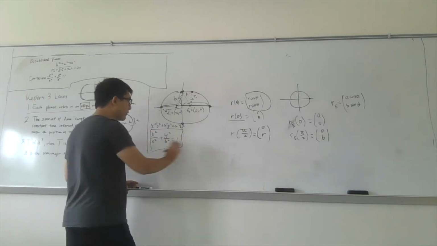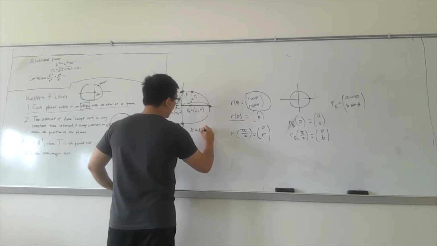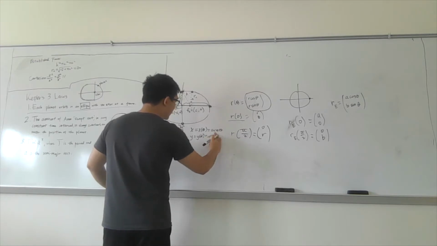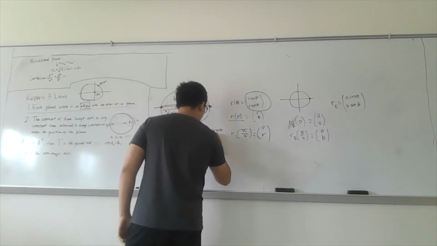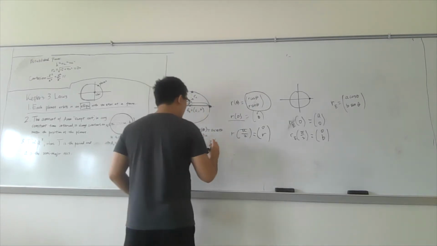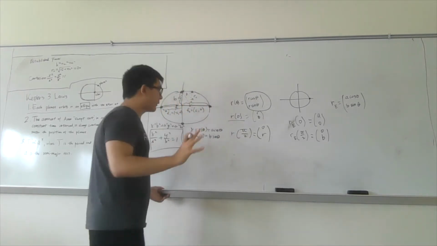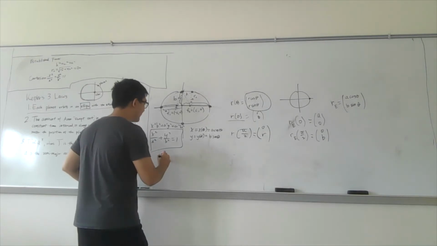If we plug that parameterization in here, so we let x equal x of theta, which is this, and let y equal y of theta, we get a squared cosine squared over a squared, and so on.